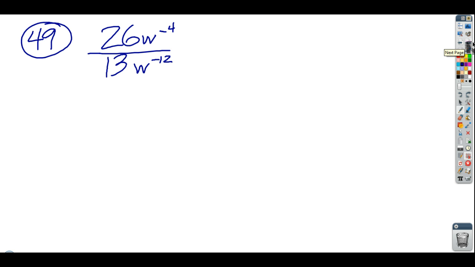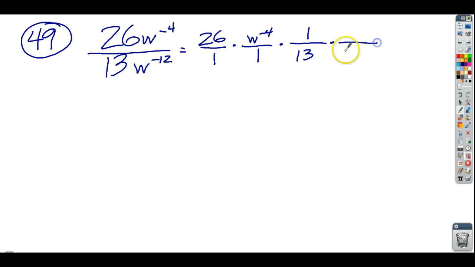Next one. Same idea here. Let's break this up. We've got 26 over 1 times w to the negative fourth over 1 times, that 13 is on the bottom, so I'm going to put a 1 on the top, and then I've got a w to the negative 12th and then a 1 above it. Separate all the pieces. Now go through and make all my exponents positive. So I've got 26 over 1.